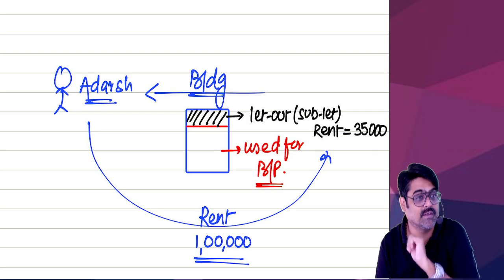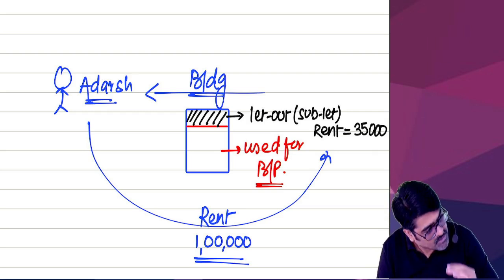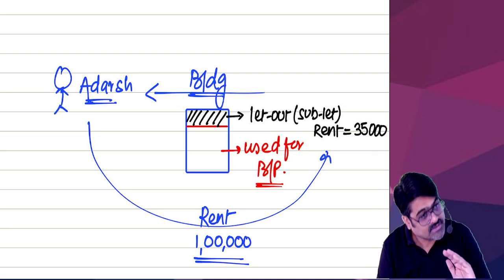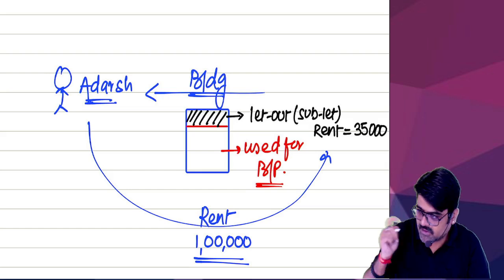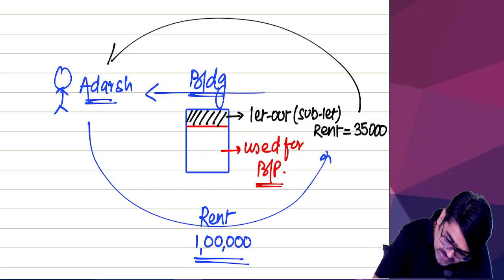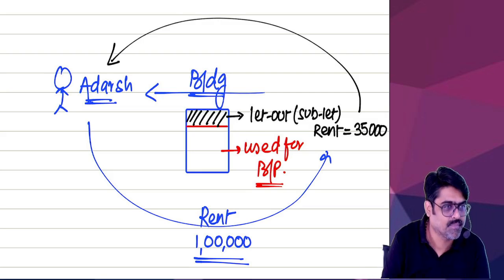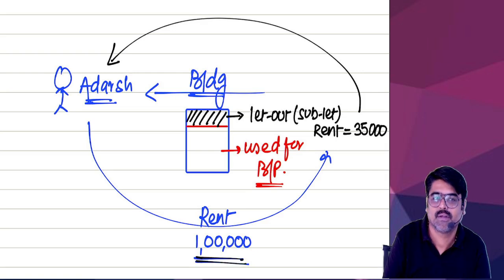So is he subletting the entire building or some part of the building? And by subletting some part of the building, 25% part, he is receiving how much? This 35,000 is his income. Understanding or not? And this 1 lakh rupees is the expense which he is going to pay to the landlord.